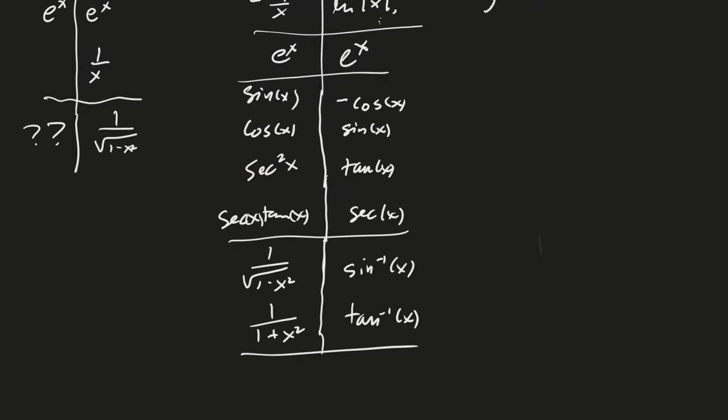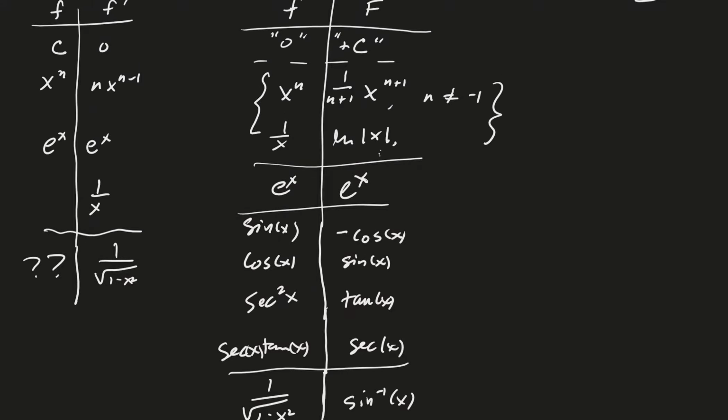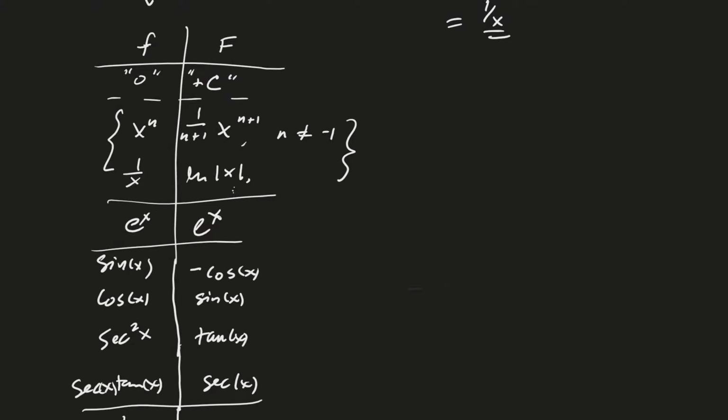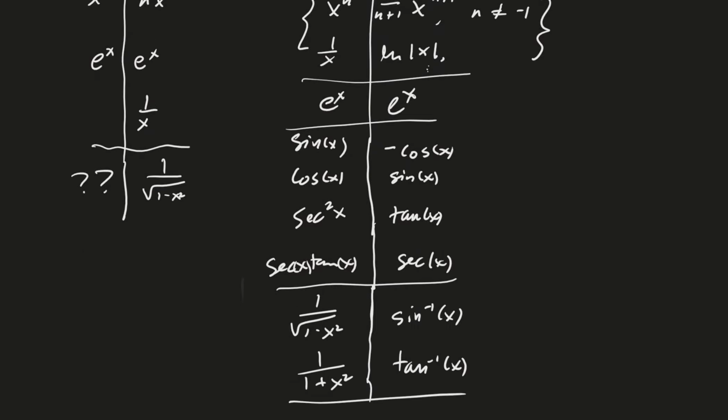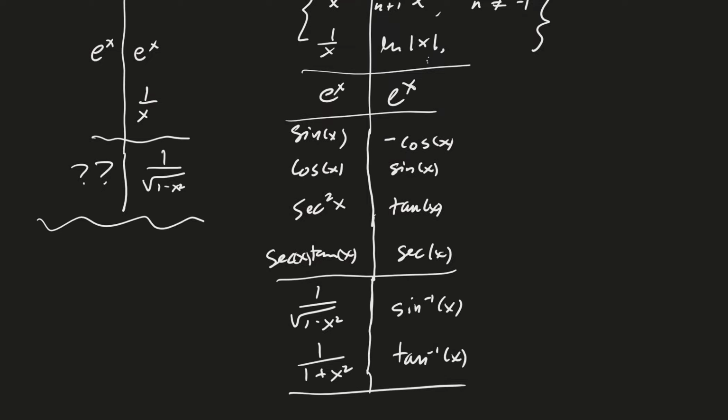Good. Now there's one other thing I wanted to talk about for antiderivatives. Maybe we'll look at the derivatives first. In the derivative table down below here somewhere, you're going to see that the derivative of a constant times a function is a constant times the derivative, and the derivative of a sum or difference is the sum or difference of the derivatives.